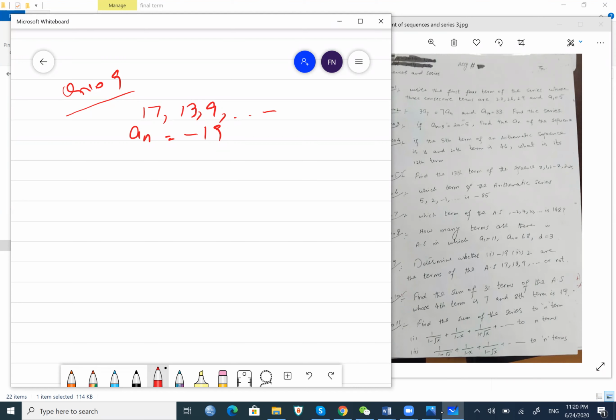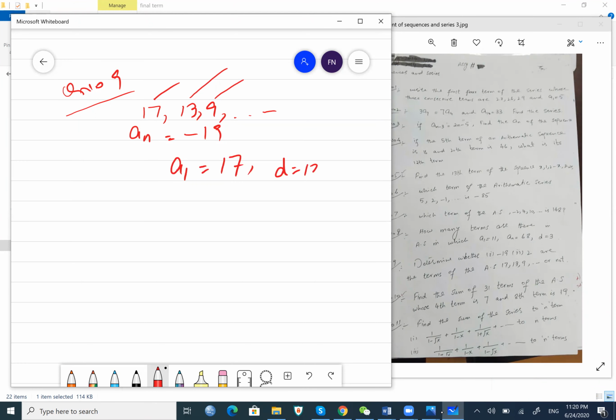If minus 19 is a term of this sequence, then it must have some term number. 17 is A1, 13 is A2, 9 is A3. Similarly, minus 19 would be some term number, which in general we call AN. So A1 is 17.